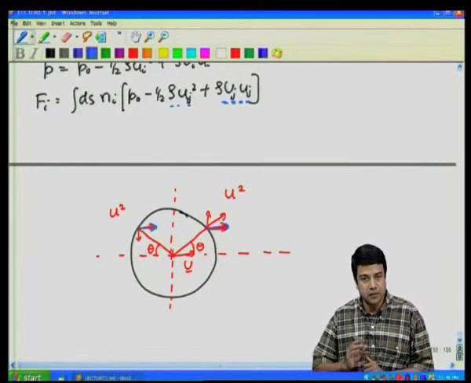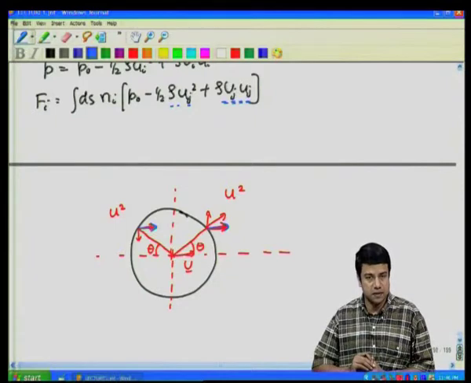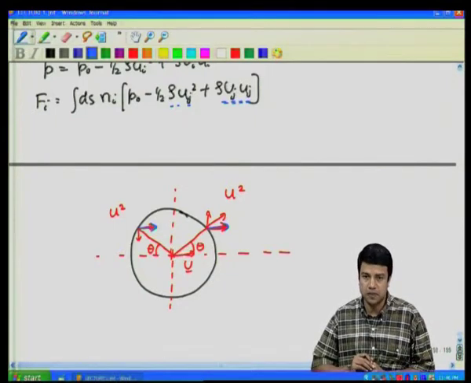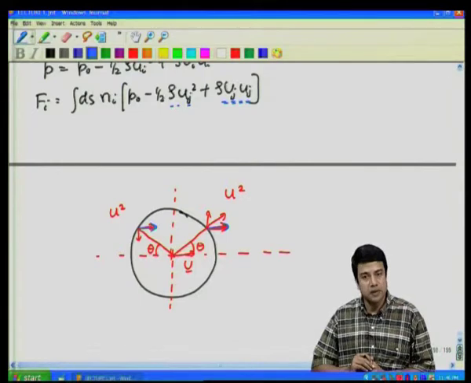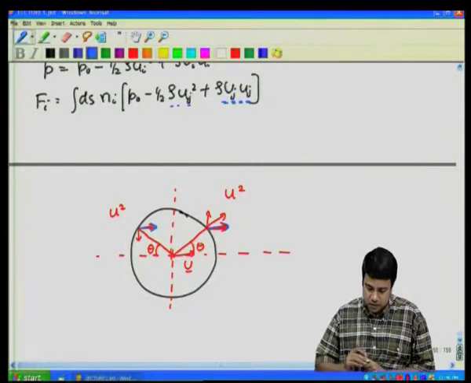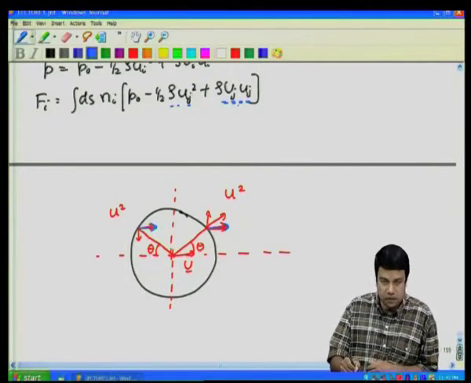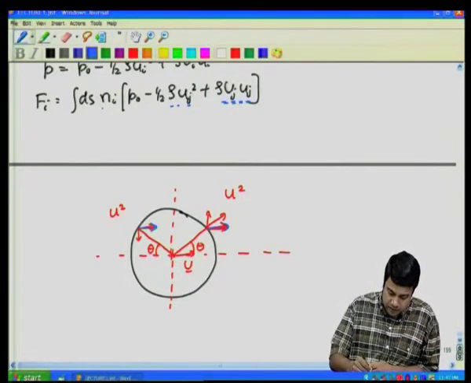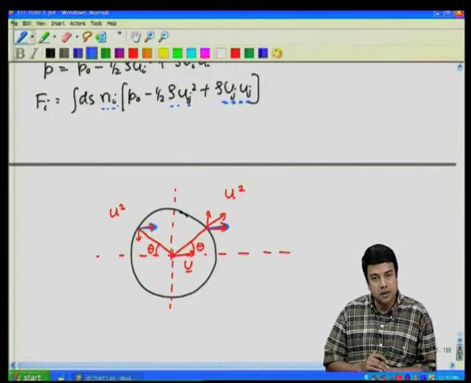Okay. If you look at the net force, there are 2 components, one is along capital U, the other is perpendicular to capital U. So, let us look at the net force along the direction of capital U. Okay. So, it is equal to half u square plus u dot U times the unit normal. This unit normal is the outward unit normal.